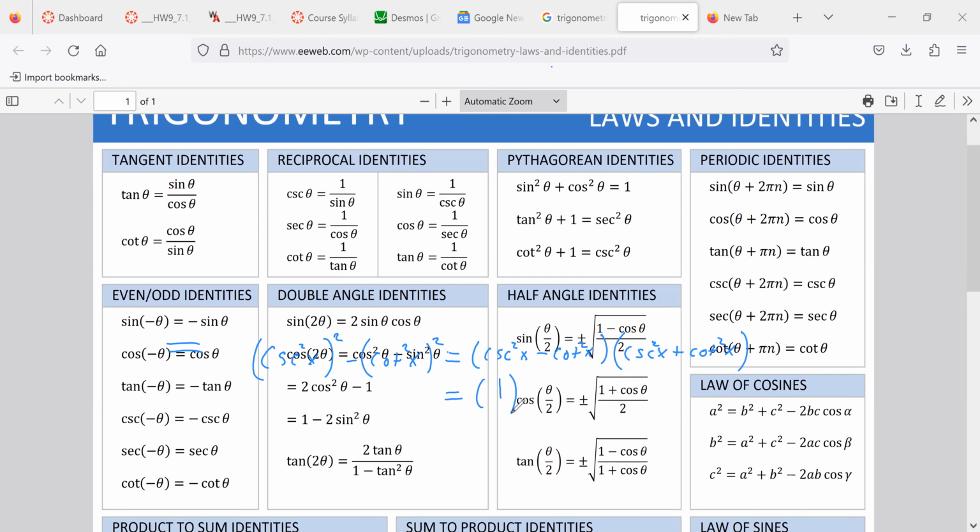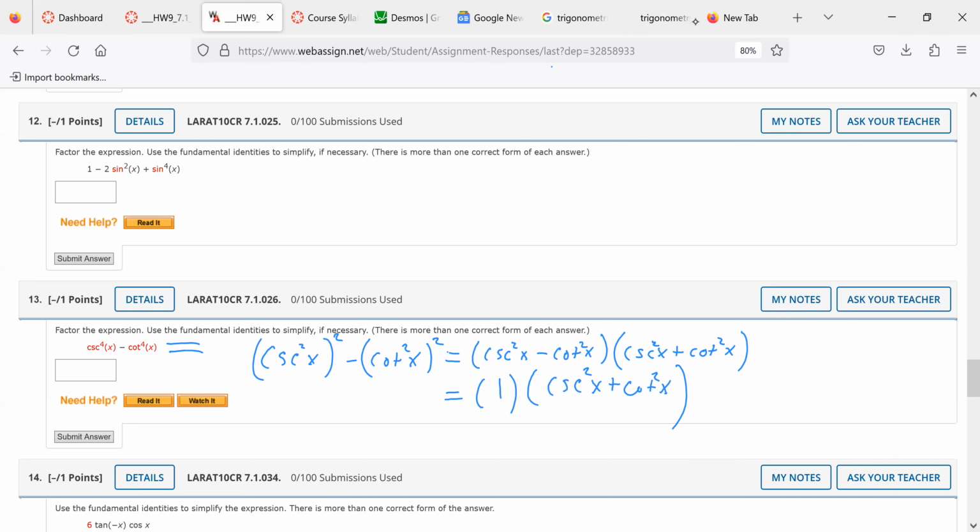Cosecant squared plus cotangent squared is not an identity. I feel like this is more simplified. Do y'all see any further simplification?